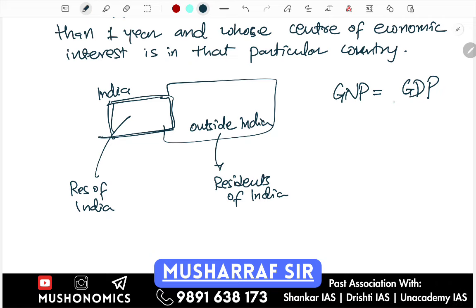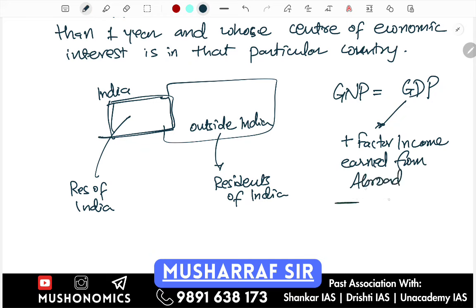So what we will be doing here is, if we add factor income earned from abroad, and subtract the factor income earned by foreign nationals that is paid to abroad, what will we be getting here?